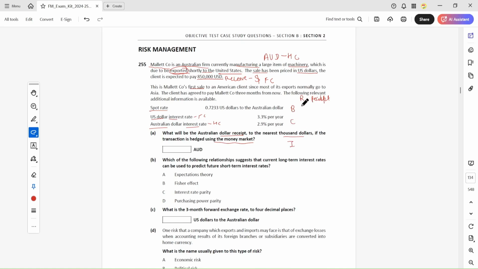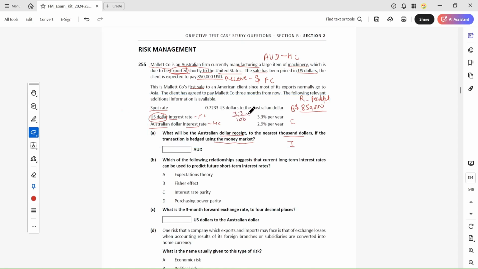How much do we receive? 850,000. So we need to borrow. This is in dollars, so we have to use the dollar interest rate. Which one is the borrowing and which the investing rate? Because only one rate is given, we will consider this as the borrowing rate.